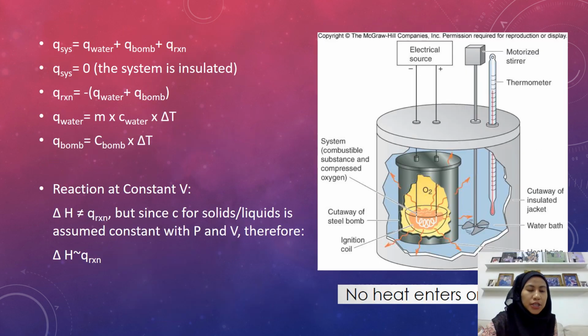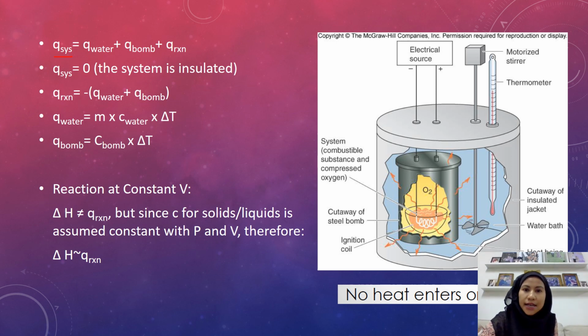Let's look at the equations we have here. Heat of the system, Q system, equals Q water plus Q bomb plus Q reaction. Then we have Q system equals 0. Why is it 0? This is because the system is insulated.